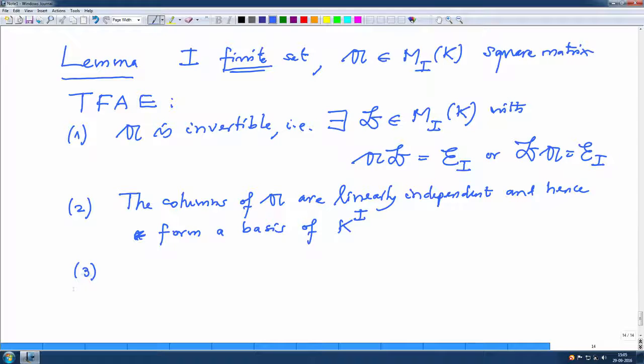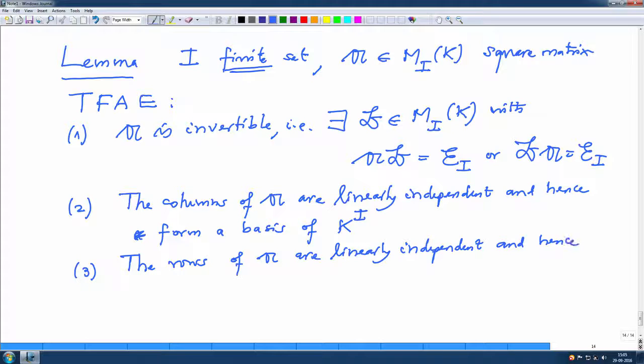3. Whenever you have a matrix and say something about columns, one needs to say something about rows also. So, the rows of A are linearly independent, and hence form a basis of k power I. Fourth, A has maximal rank.